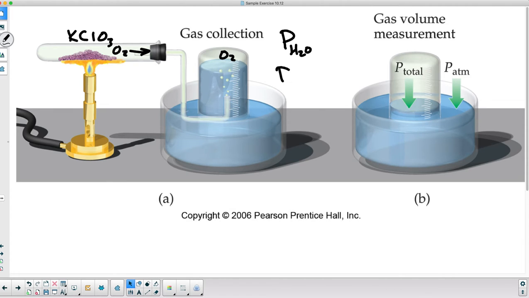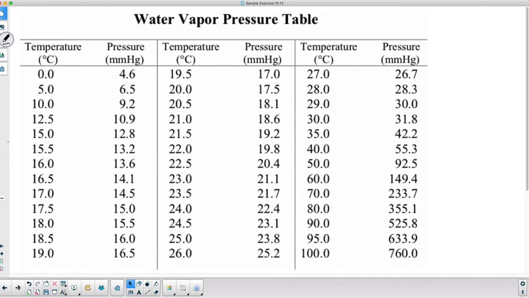So the total pressure is simply the pressure of the gas plus the pressure of water. All we have to do is look at the temperature of the water inside, and that will tell us the vapor pressure using this chart. You can use Appendix B in the back if you have a book, or you can use this chart.